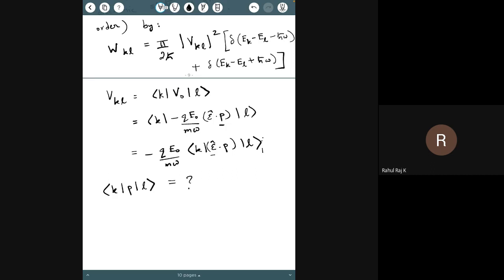And you need to get it for every component of P, and then you take a dot product with this epsilon. Although formally I cannot write epsilon outside, unless I open it up into components, because the matrix element itself is a number. That is why I cannot write epsilon outside. But in principle, basically you need to find out only KPL.